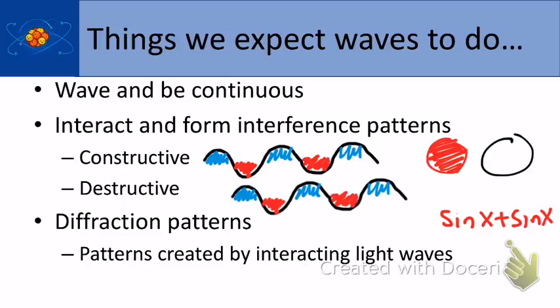Let's say they're traveling through space now, and they look not like that, but like that. Okay? So now what happens at this point here? Zero. You get 0 because the high and the low cancel.